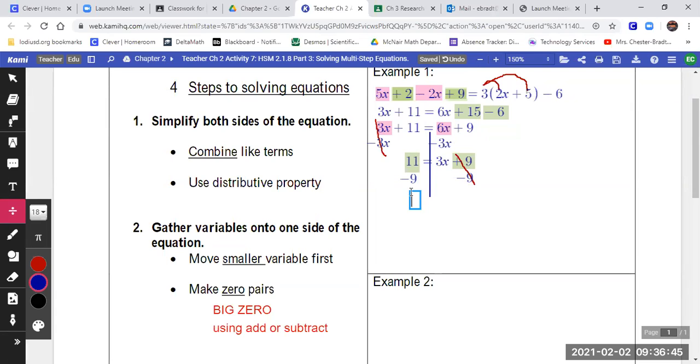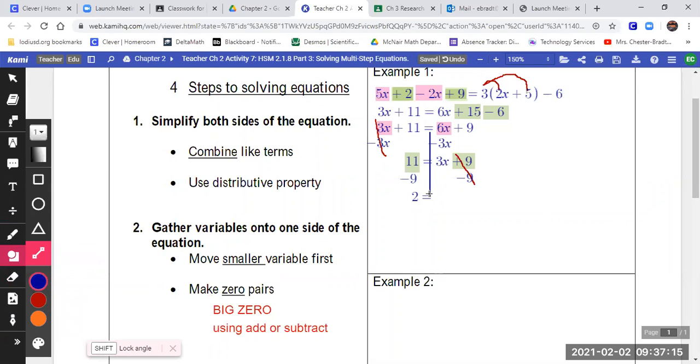11 take away 9. What do we get? 2 equals what's left on the other side after we big 0'd the 9 out of there?